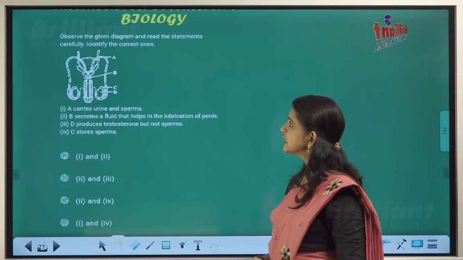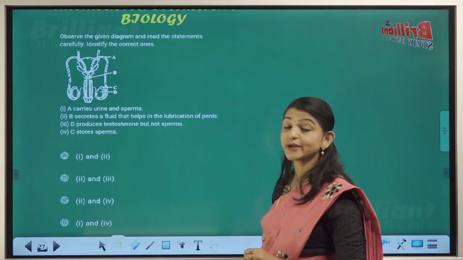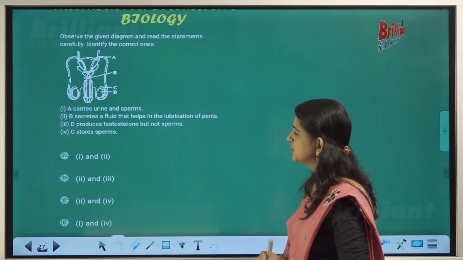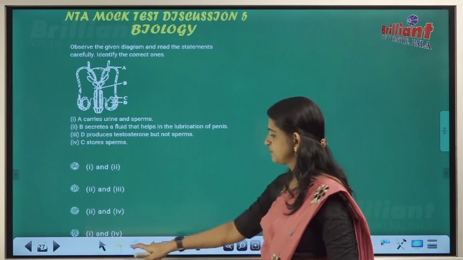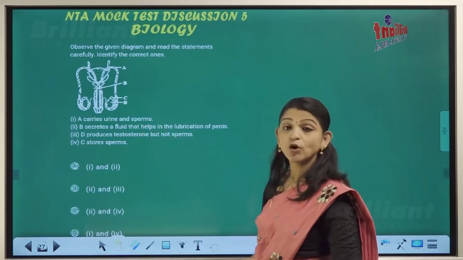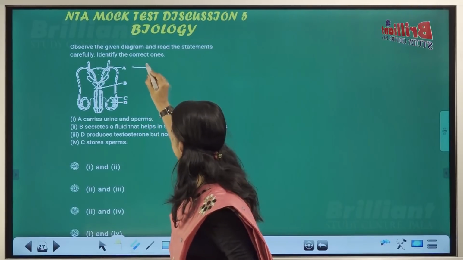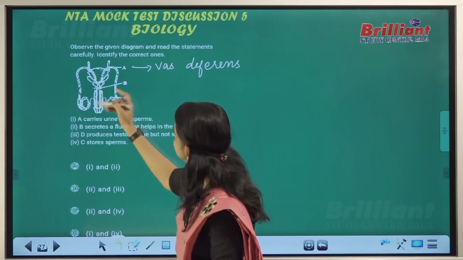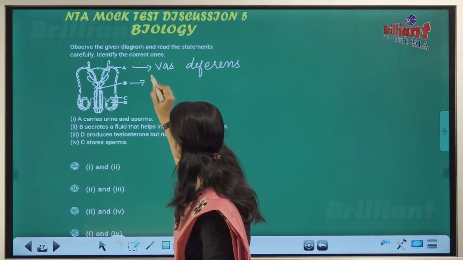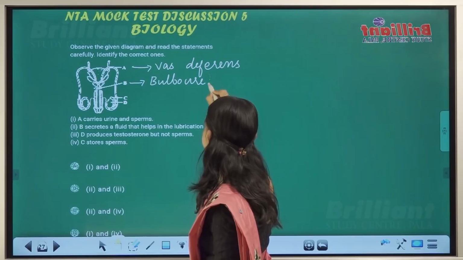Next one. Observe the given diagram and read the statement carefully and identify the correct ones. Just look at the picture. First we will mark what they have mentioned in the picture. Then we will look into the given statements. A, what A indicates? A is vas deferens. Then B, you can see that it is bulbourethral gland.